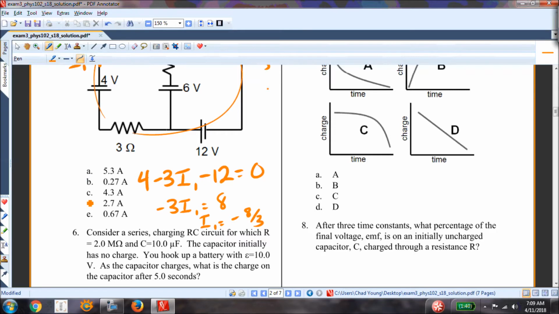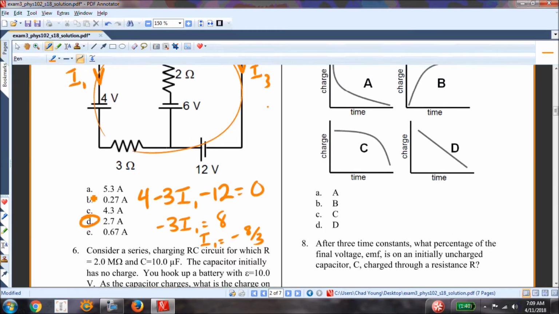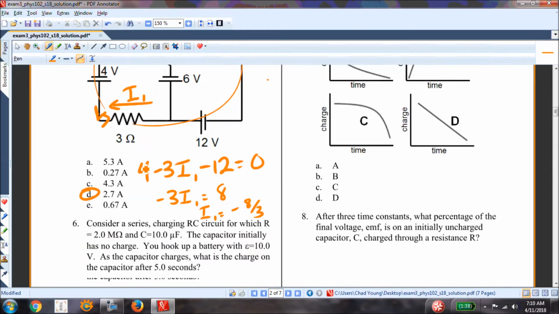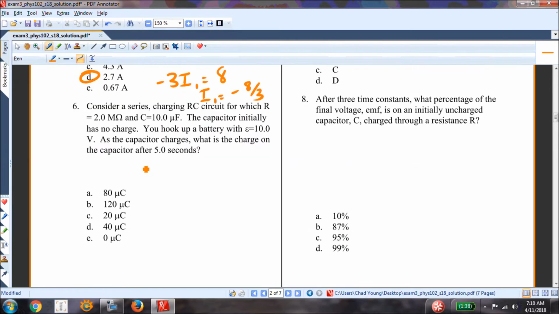I think that's 2.7. Yeah, 5 is D, 2.7. And notice that if I'd asked for a direction, the direction of I1, I had listed it as being to the right, but really I1 flows to the left because it came out negative, but I didn't ask that.